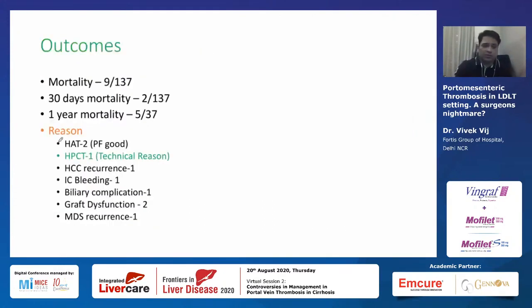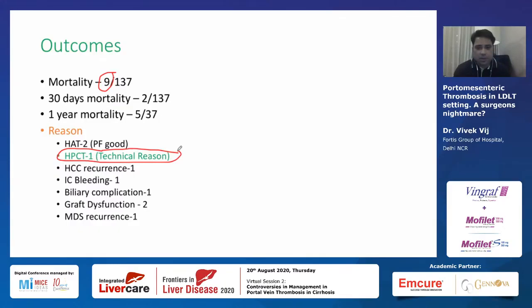So we observed mortality of 9 out of 137, but luckily most of the mortality was beyond 30 days. Only one patient died because of technical reasons, that is cavoportal anastomosis. But actually in that case it was a very badly done portal vein, grade 4.